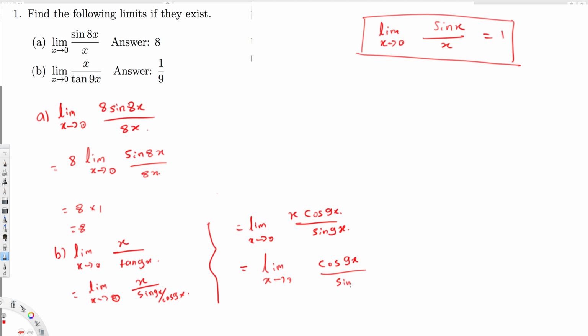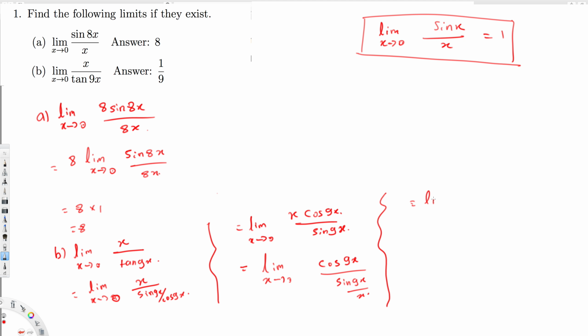Sin 9x over x. Now I have to satisfy this condition. We have sin 9x, but we don't have the 9 in the bottom. So to make the 9 in the bottom, I have to multiply the top and bottom by 9. Let's see what we get.